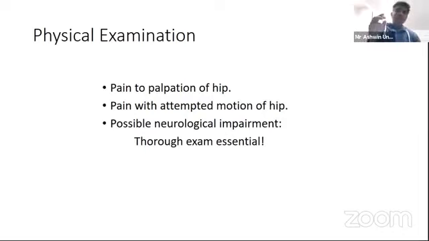It is very normal for us as orthopedic surgeons to go gung-ho on the hip. But the most important thing is to make sure that we do a thorough primary survey. Airway takes the first priority: A, B, C, D. Please intervene when you're asked to intervene and work as a team.